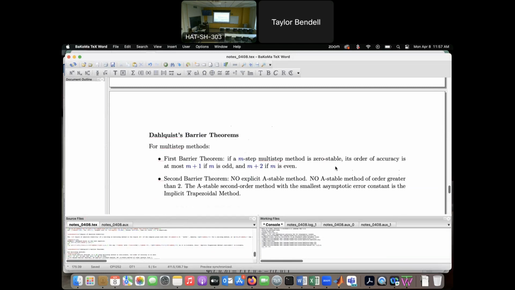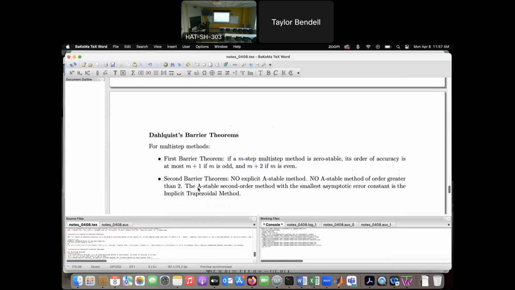The example we gave, backward Euler, is first order accurate, and the trapezoidal method is second order accurate, the highest order of accuracy you can get for an A-stable method.